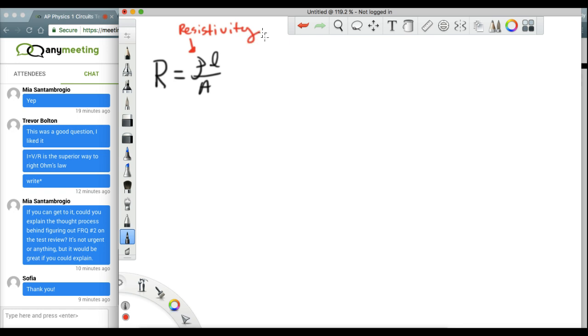And this is dependent upon the material, so it's going to be a constant for different materials. For example, silver is going to have a lower resistivity value than, let's say, aluminum. So it's going to have a lower resistance.